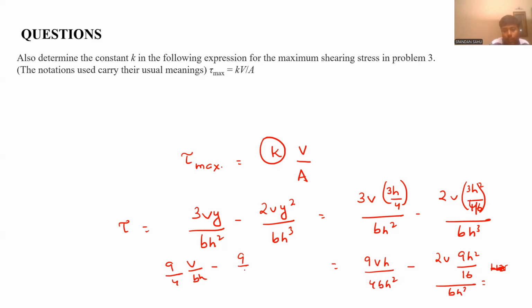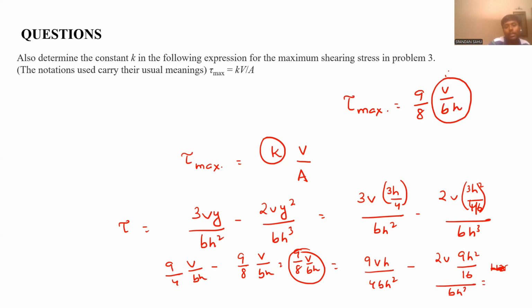So 9 by 8 V upon bh. So tau max will be equal to 9 by 8 V upon bh. And V upon bh is nothing but tau mean or V by A. So K value we are getting 9 upon 8. So the answer for this question is 9 by 8.